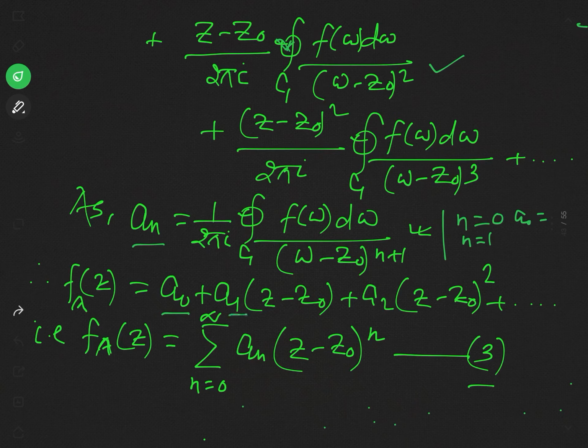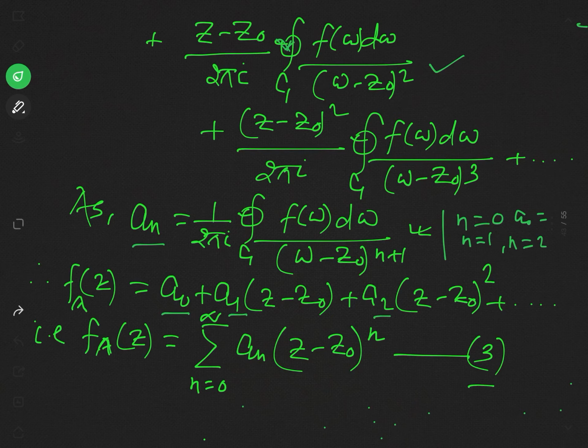So we can write this as a1, and the remaining factor is (z minus z naught), so this is a1 into (z minus z naught). Similarly, take n equal to 2; here it will be (w minus z naught) to the power 3, and 1 over 2 pi integral f(w) dw by (w minus z naught) to the power 3 is a2. So this is a2, and the remaining factor is (z minus z naught) whole square.